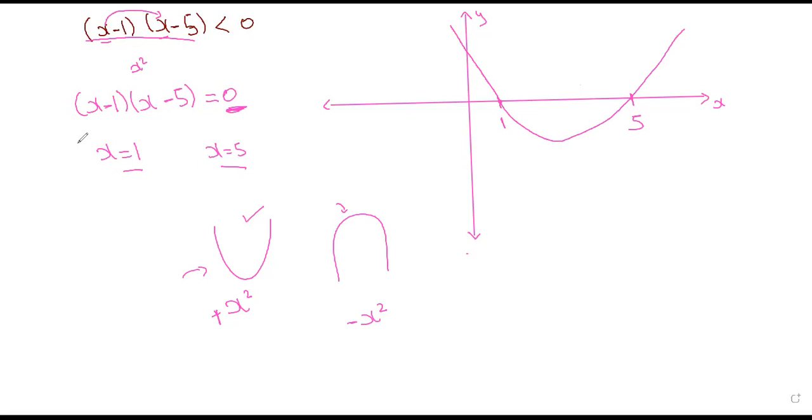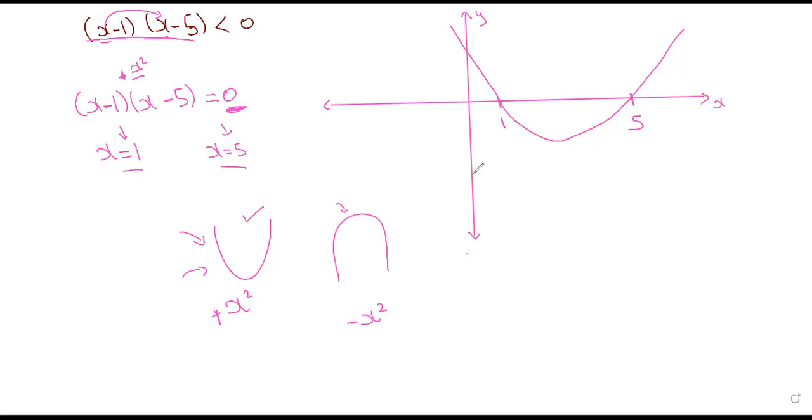So we cannot think about our answer directly. What we need to do is, since if we solve this, we will get x equals 1 and x equals 5, we will make a graph with 1 and 5. And since the coefficient of x square is positive, that is positive 1, it would be a U-shaped graph.